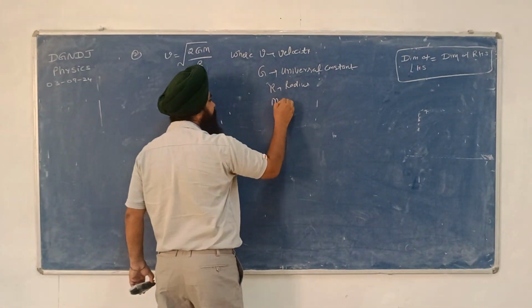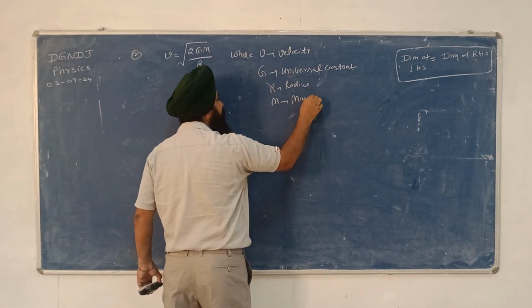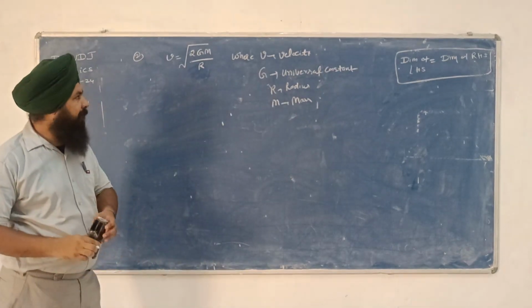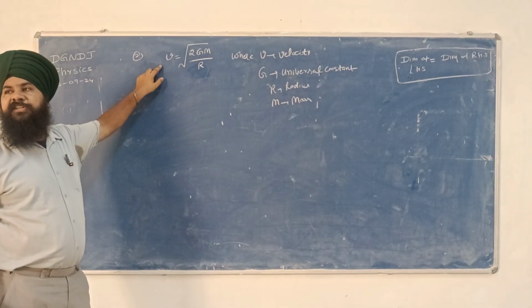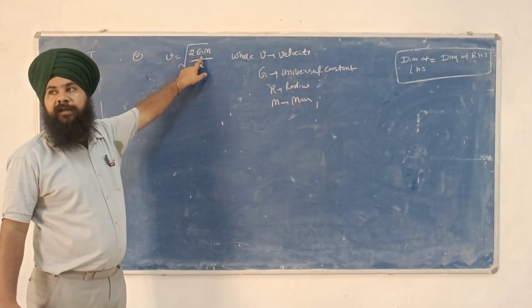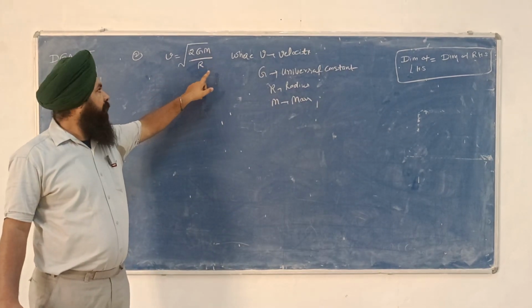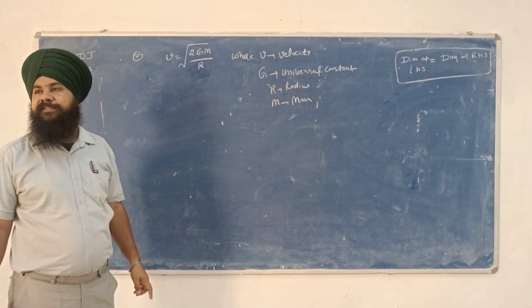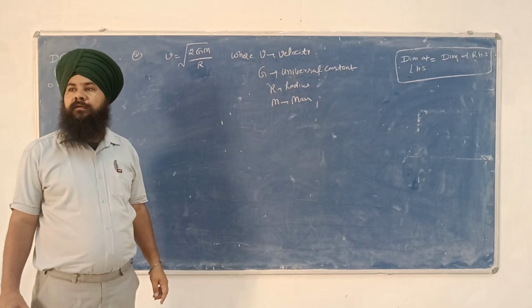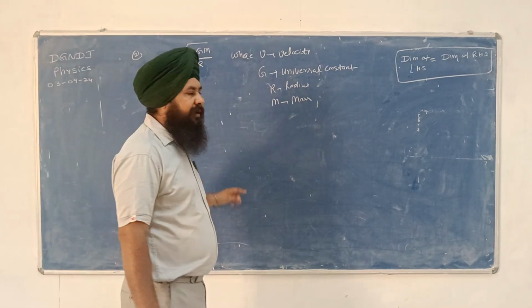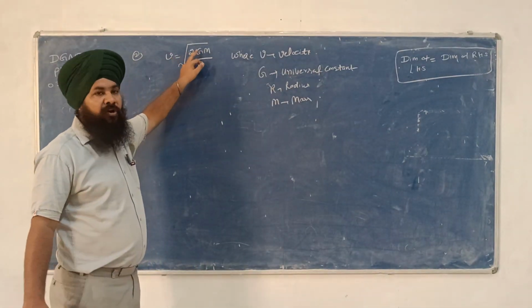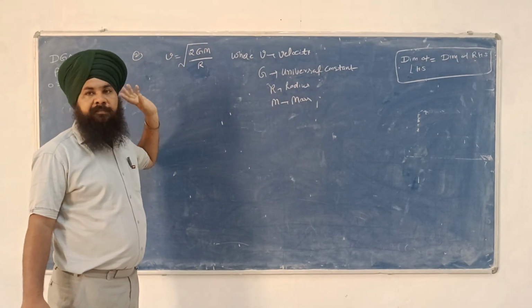M is called mass. So V is called velocity, G is called universal constant, M is called mass, R is called radius.